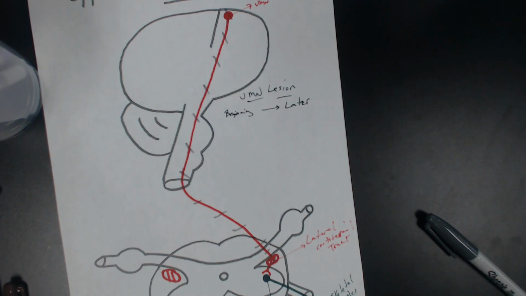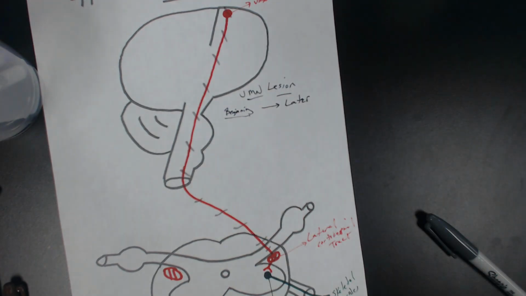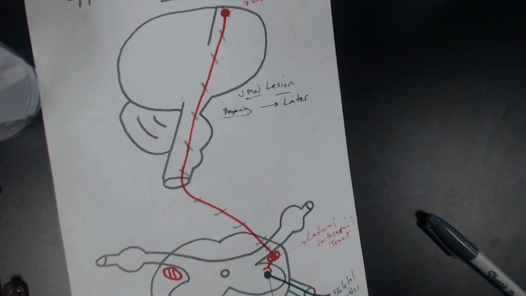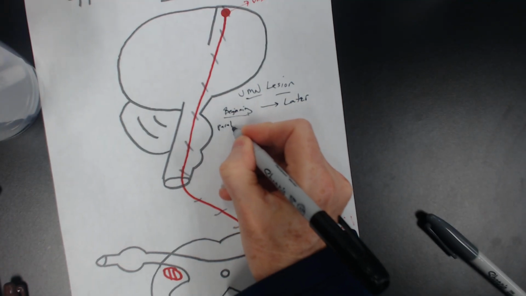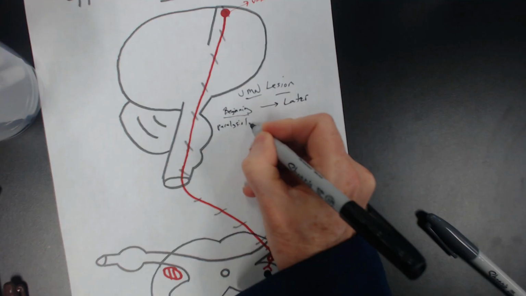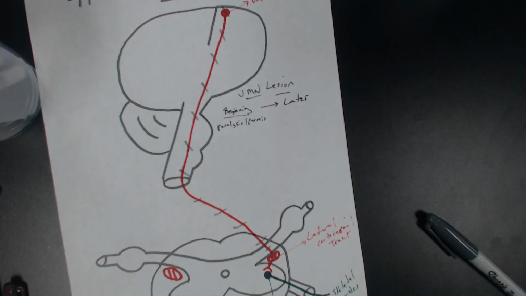Right when the person has had a stroke or spinal cord injury, you're going to have paralysis or paresis. Paralysis is complete absence of movement. Paresis is lack of movement or lack of strength.